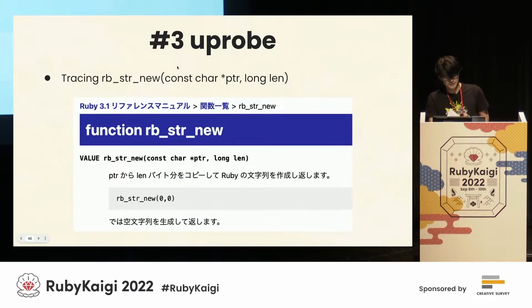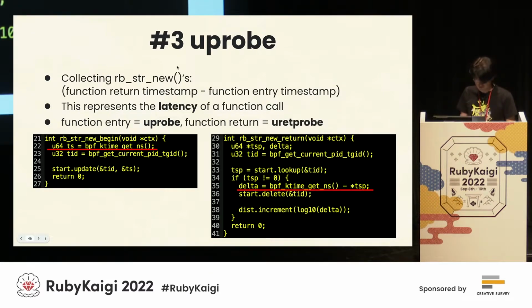Okay, this is the Japanese description of rb_str_new. I'm going to collect this function's return timestamp and entry timestamp, then do the subtraction. The delta of the 2 points represents the latency of a function call, right?